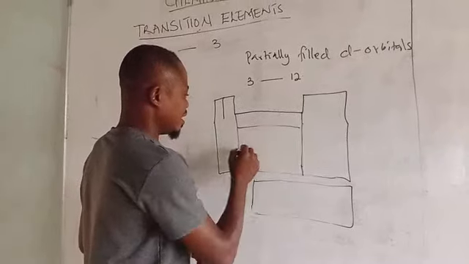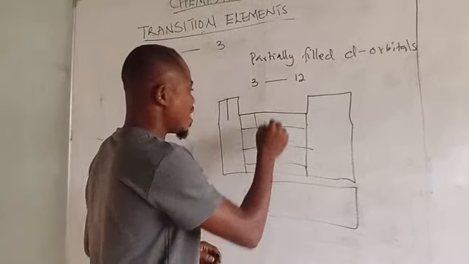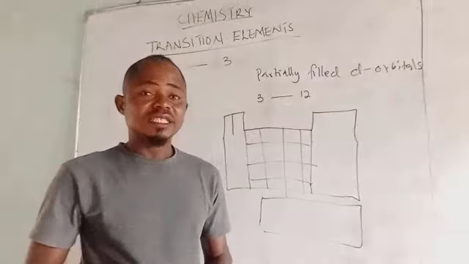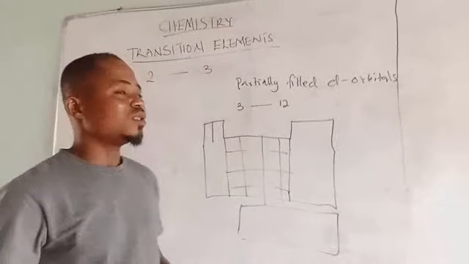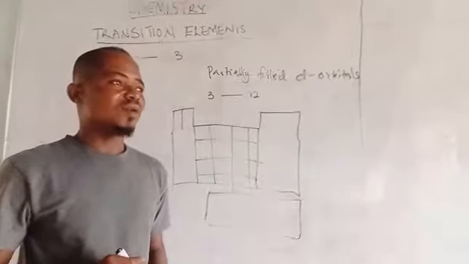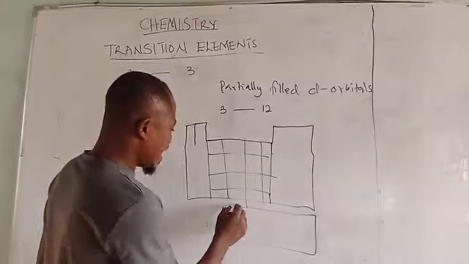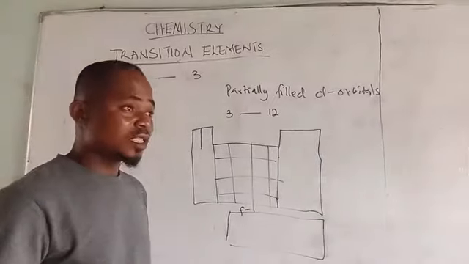All the elements here all have incompletely or partially filled d orbitals, and that's what makes them what? Transition elements.